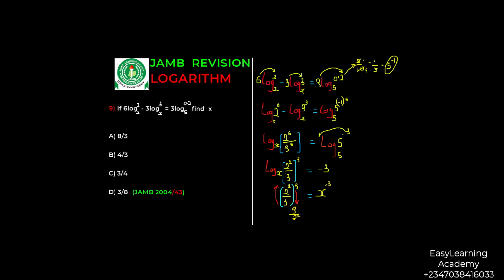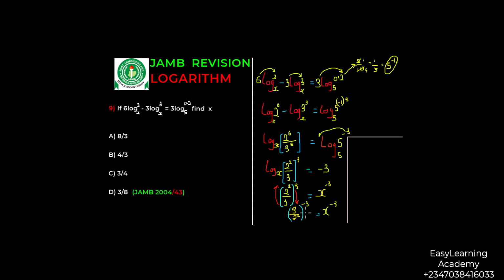And the power that remains now is not 3, because we have inverted it. The power that we are going to have now will be minus 3. Good. All right, and of course equal to what we have here, that will be x raised to the power of minus 3.